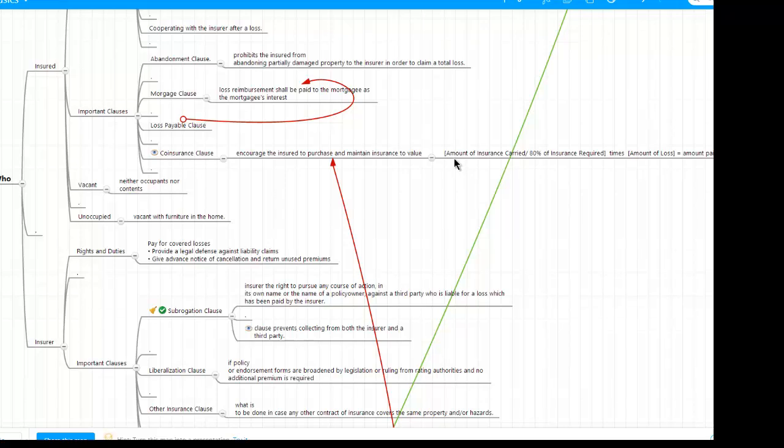The equation is the amount of insurance carried, what you presently carry, divided by 80% of the value, whatever its assessed value, times the amount of the loss, and that's how much they would pay out. If you're within that 80% of the value, then you're okay.